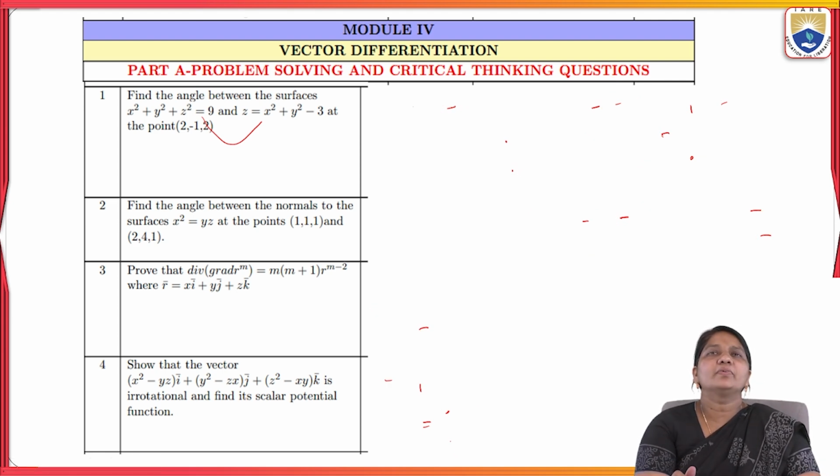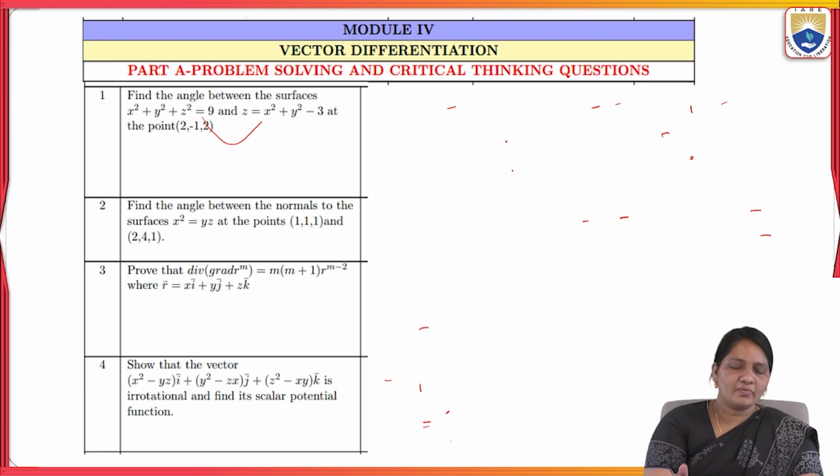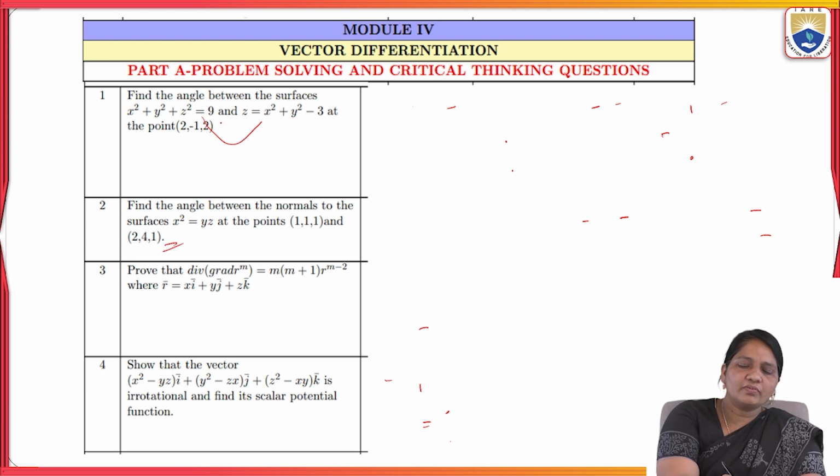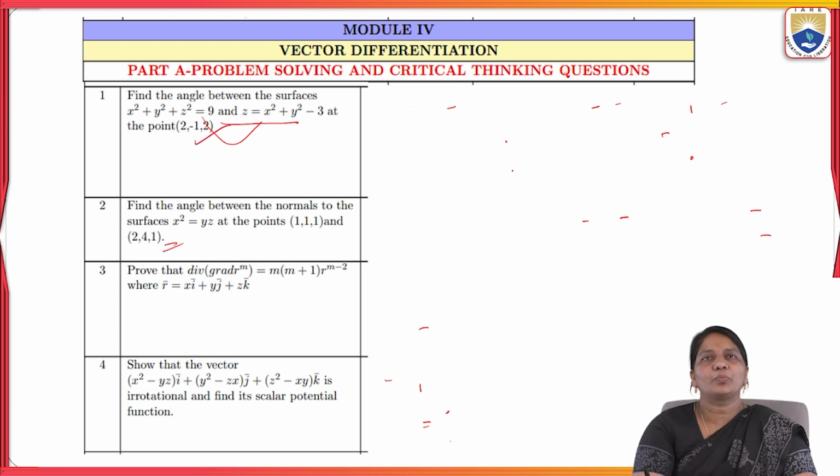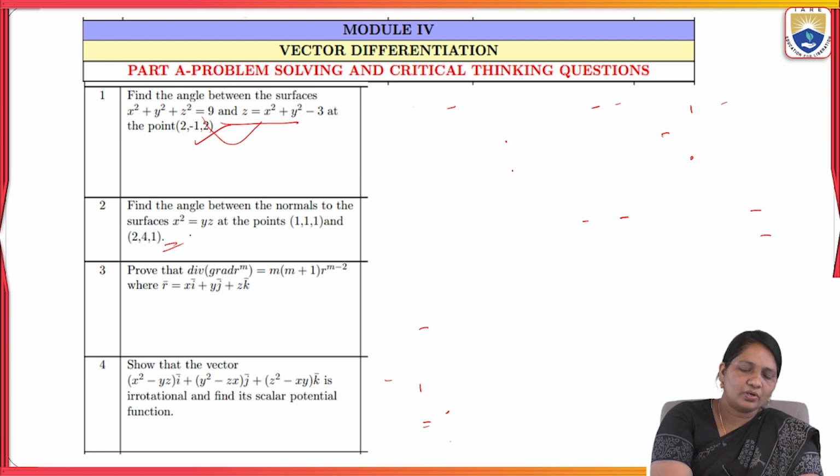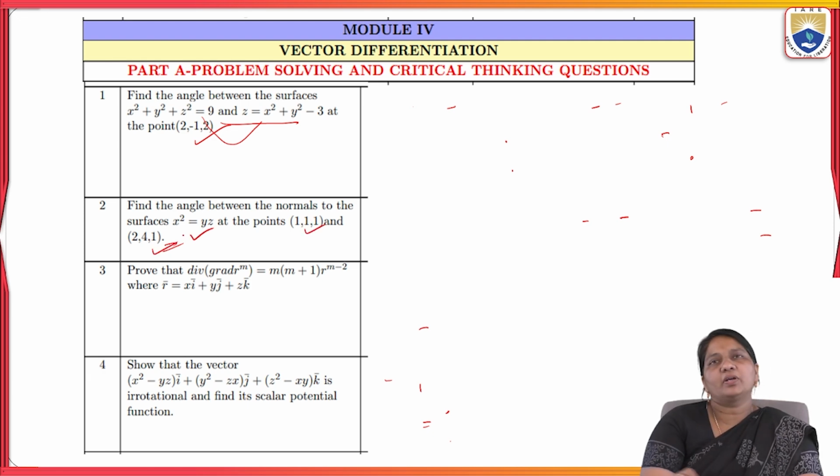So next, see the second problem. Find the angle between the normals to the surface x² = yz at the points (1, 1, 1) and (2, 4, 1). Before, they gave two surfaces and one point. In this problem they gave only one surface, with different points.